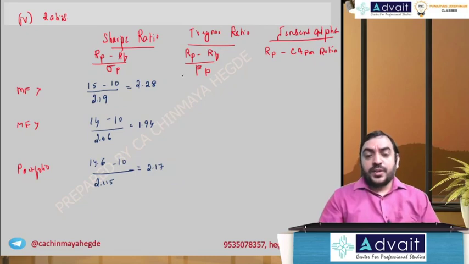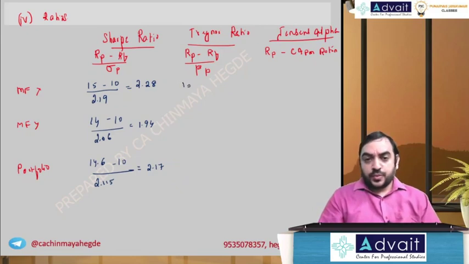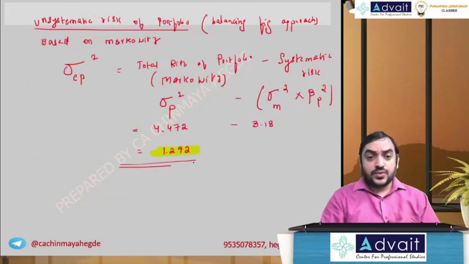Coming to the Treynor ratio, the denominator will be beta instead of standard deviation. So the numerator is the same: 15 minus 10, 14 minus 10, 14.6 minus 10, divided by the beta calculations.